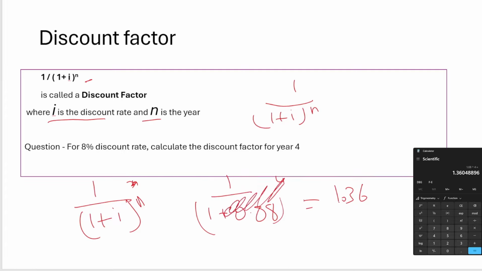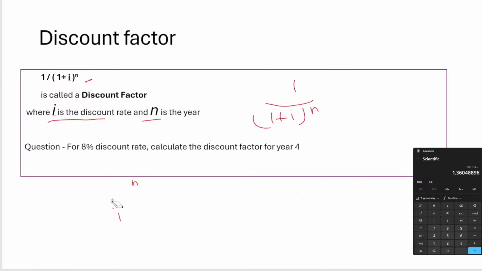Let me just erase all of this. So 1 divided by 1 plus 0.08 to the power of n, which is 4 here. So let's do the calculation.